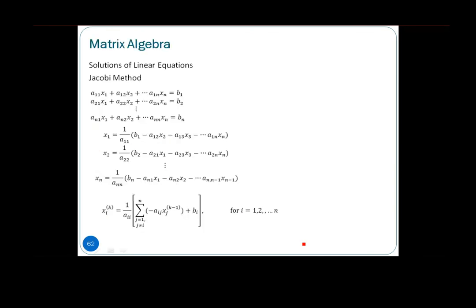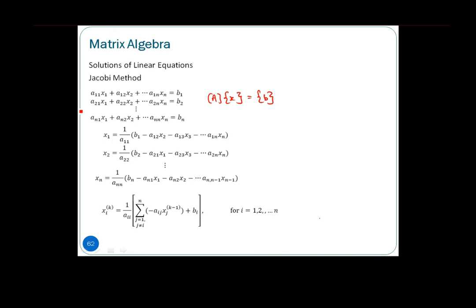The direct methods, then we have the iteration methods. For the iteration method, we have Jacobi. If you look into the mathematical formulation of how the Jacobi method works, basically you have the A matrix, AX equals B, right?